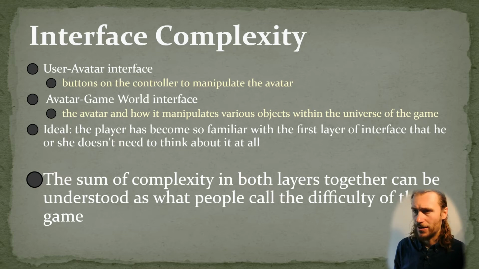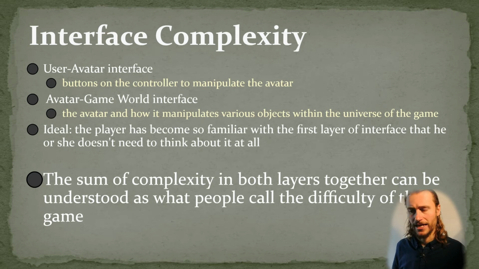So the sum of complexity in both layers together can be understood as what people call the difficulty of the game. In The Witcher, for example, there are a lot of key aspects, or other games, World of Warcraft as well, they have a lot of things to press. You need to learn them along the way, and it's getting more and more difficult, adding and stacking.